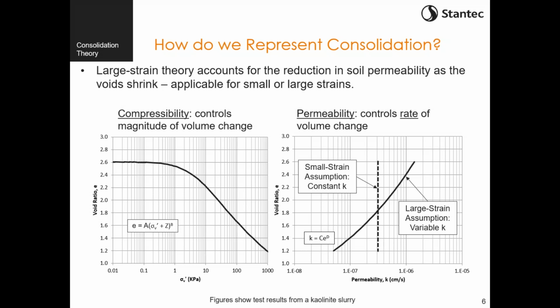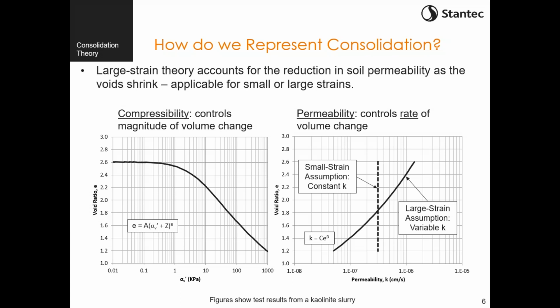But when we're talking about a slurry, the slurry is going to undergo significant change in volume. And because of that, we have to account for the fact that our permeability is changing with our change in void ratio. All right, so that permeability is what controls the rate of volume change. In other words, if we have a sand with real high permeability, then the consolidation could occur almost instantaneously.